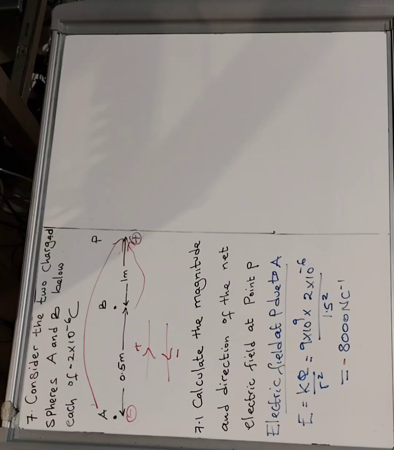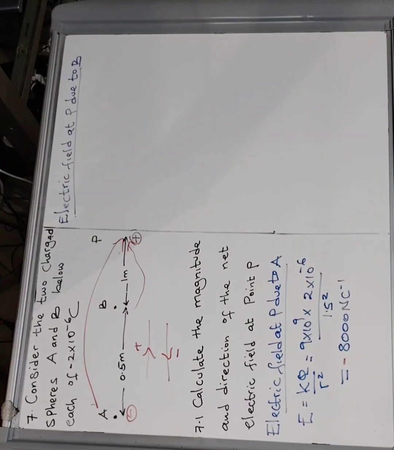So what comes next is going to be the electric field at P due to charge B. Let's look at that. So there we are. Electric field at P due to B. Okay, how do we get it?